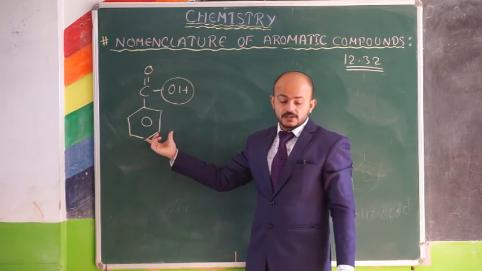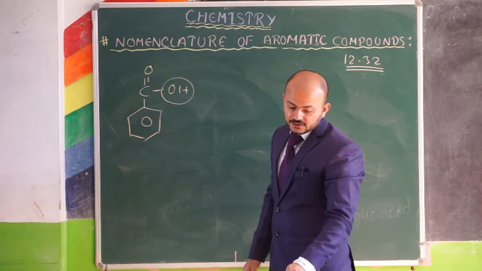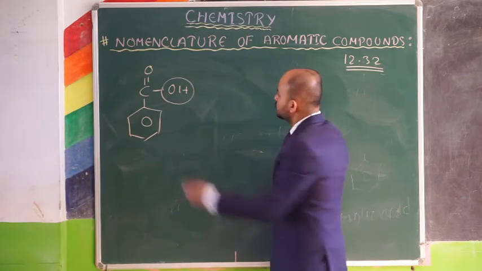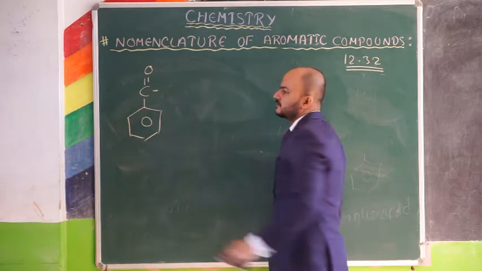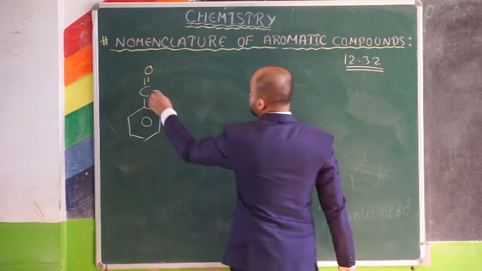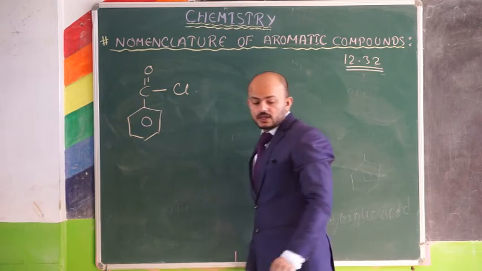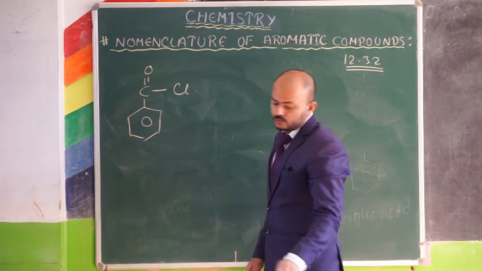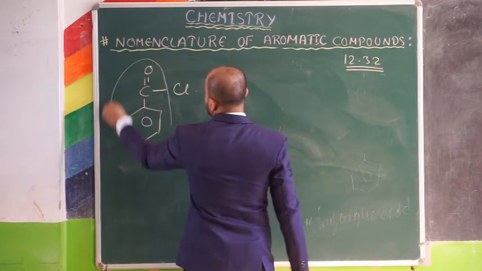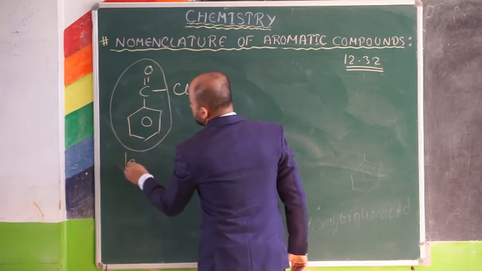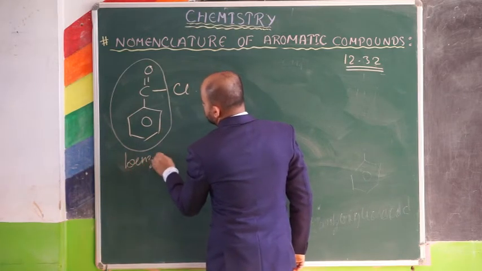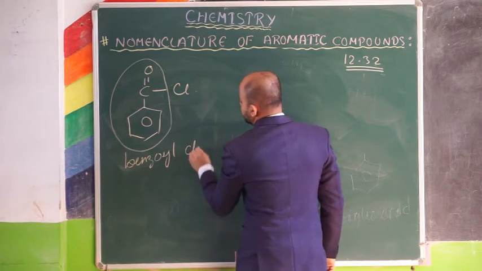Now, whenever the OH group of the acid is replaced with any halogen, here we are taking chlorine, then its name would be benzoyl chloride. You have to remember that.